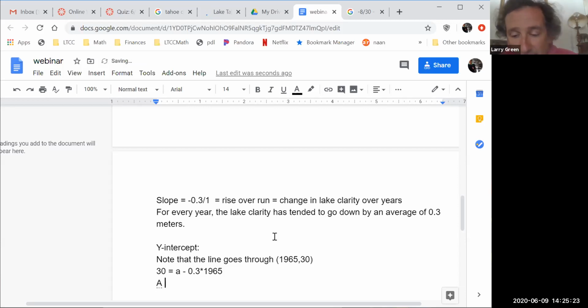So that means A is equal to 30 plus 0.3 times 1965. And I can pop that right into Google Calculator.